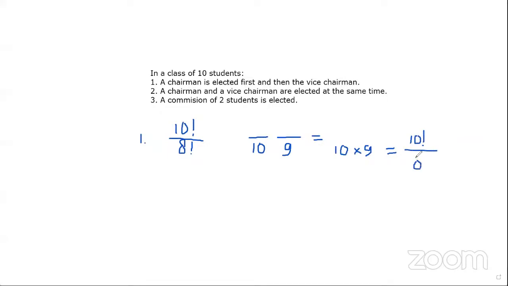So that is 10 factorial divided by 8 factorial, because it is just 10 times 9 times and so on.